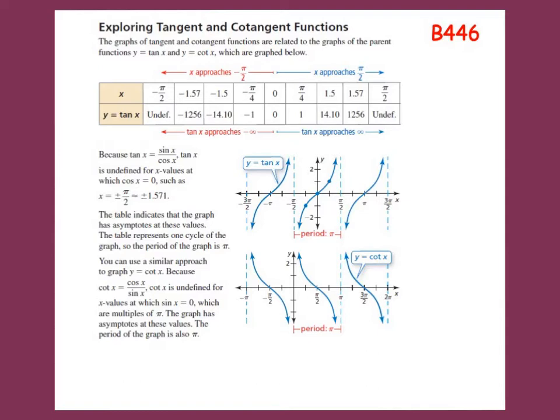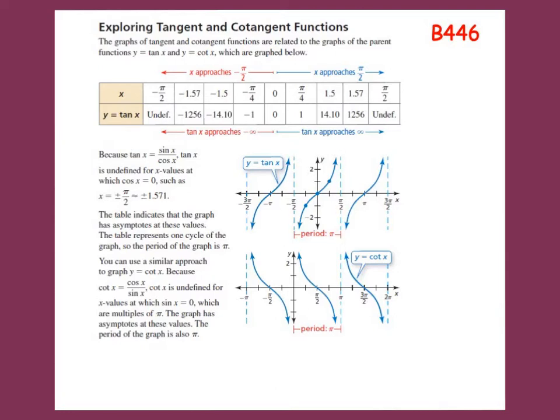Similarly to the sine and cosine functions, we are going to graph it in 4 parts. For sine and cosine we went from 0 all the way to 2 pi, and here we are going to graph between those asymptotes.